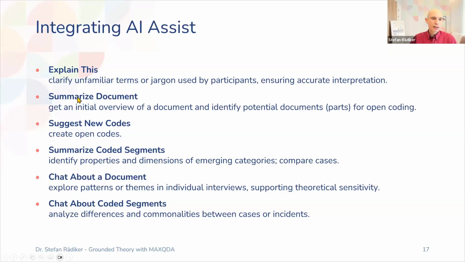Or you could summarize a document to identify potential documents or parts of it for open coding. And I think especially the chat about a document and the chat about coded segments are very helpful. Now, if you want to learn more about AI Assist, there is also a link in the handout, and there are other sessions recorded here at MAXDAYS on AI Assist too.